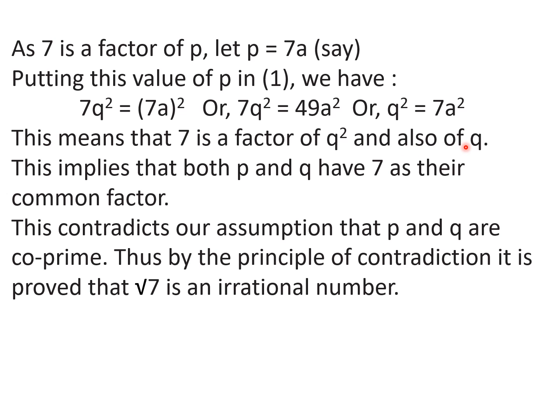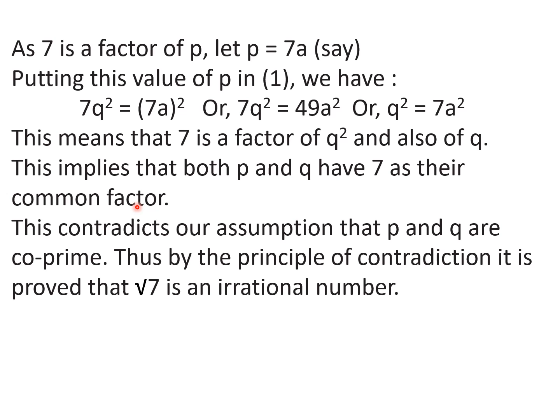Now children, first we proved that 7 is a factor of p. Now we have proved that 7 is a factor of q as well. This implies that both p and q have 7 as their common factor. This contradicts our assumption in which we said under root 7 is equal to p upon q, where p and q are integers, q is not equal to 0, and p and q are co-prime.